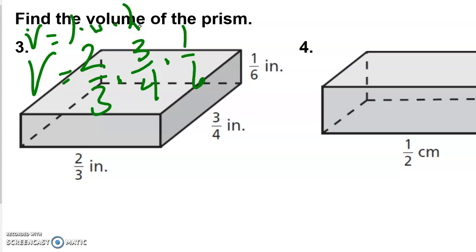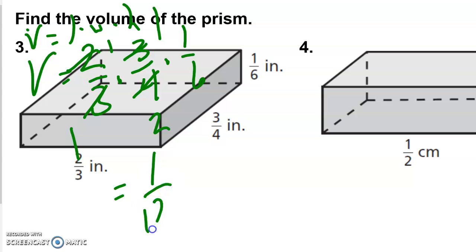Anybody see cross-canceling? 5, 4, 3, 2, 1. I'm going to cross-cancel these 3s. And I'm going to cross-cancel this 2 and this 4. Can't do anything here. 1 multiplied by 1 multiplied by 1 equals 1. 1 times 2 times 6 is 12. Boom.